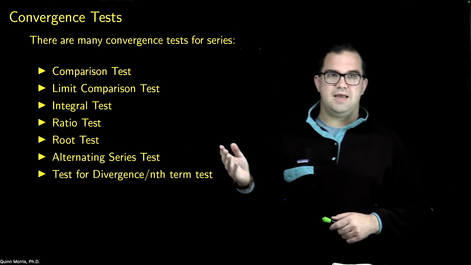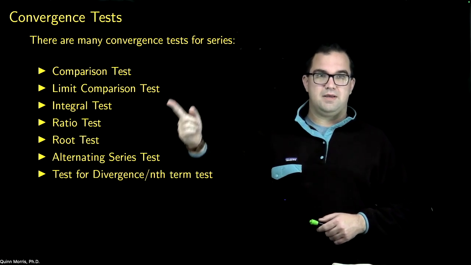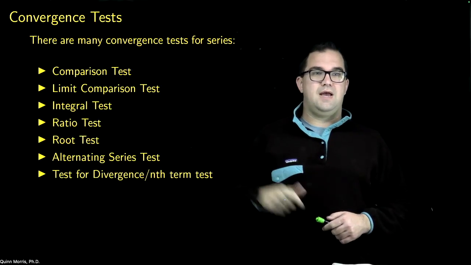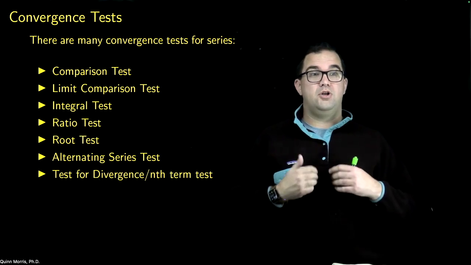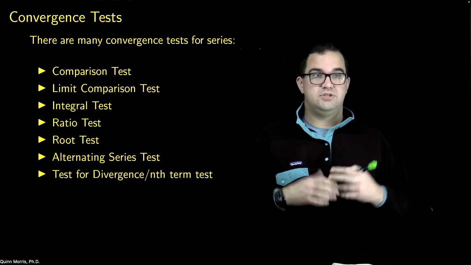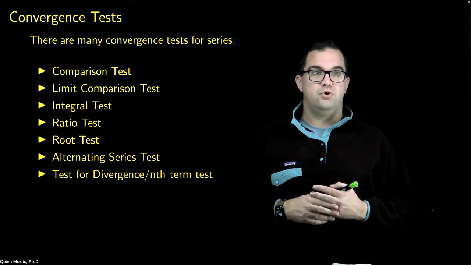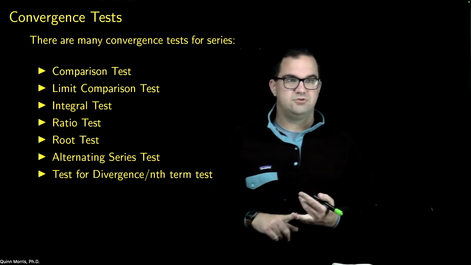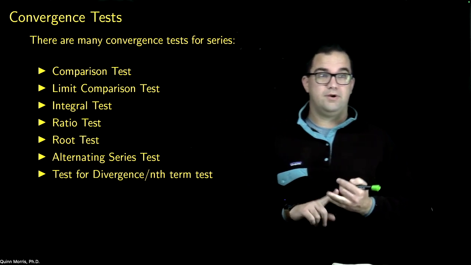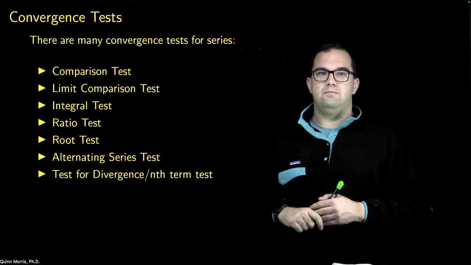Comparison, limit comparison, and integral tests give you nice ways of comparing unknown series, or series whose convergence you don't yet know about, to fairly standard p-series and geometric series, things whose convergence you already know.